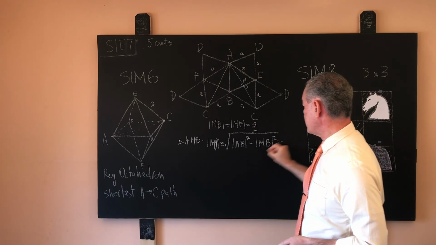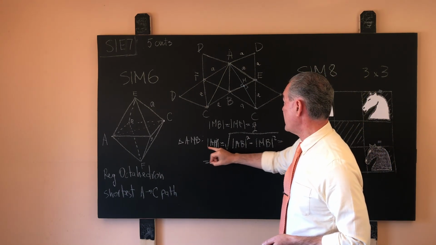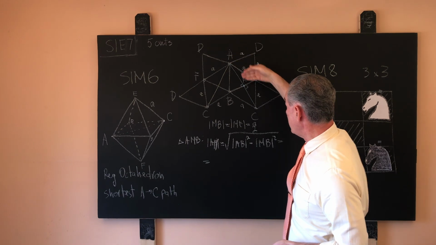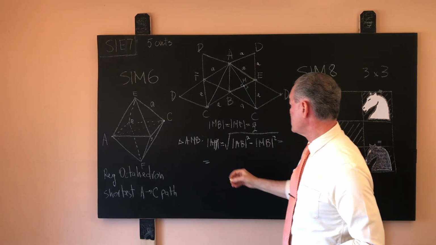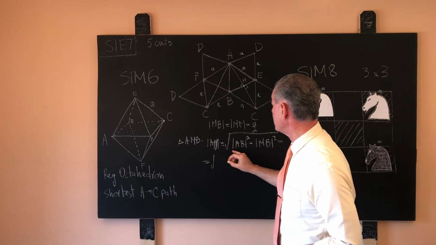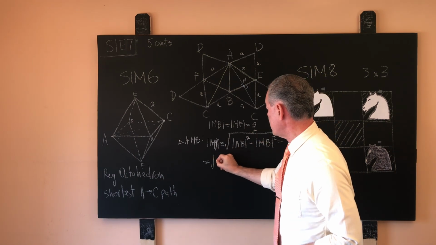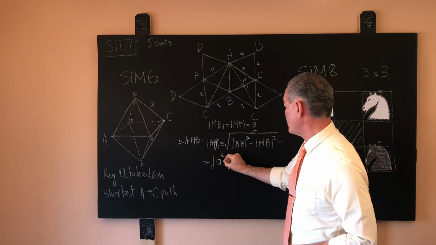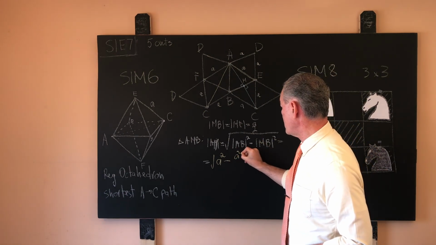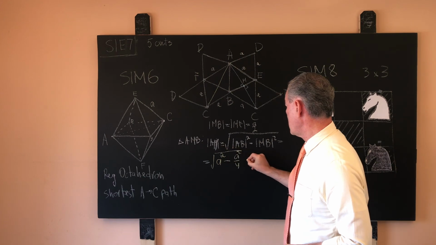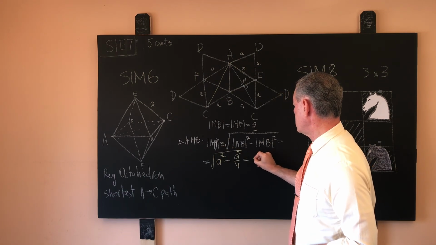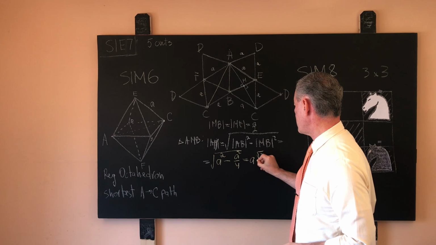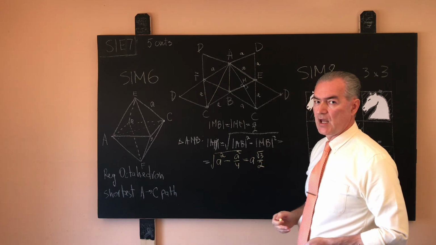Now that means that the distance AM equals the square root of A squared, and MB is 1/2 of A, minus A squared over 4, and that equals A square root of 3 over 2.